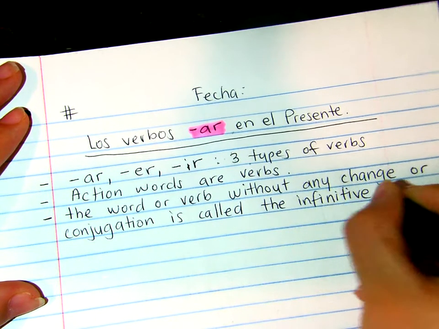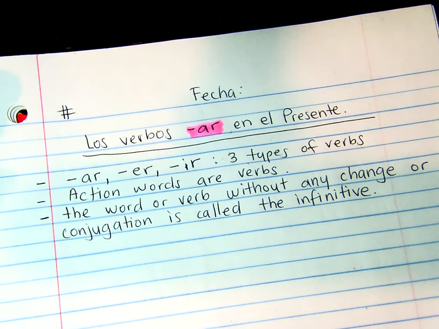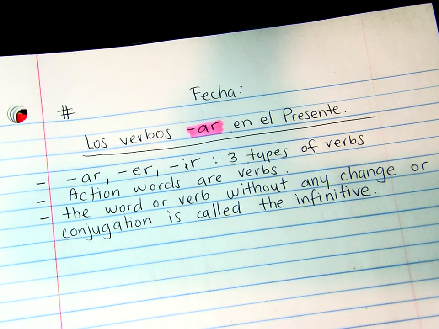This is the verb without having any conjugation, any change to it. For example, the verb tener, just tener, is called the infinitive. When you change it, yo tengo, tú tienes, then there's been a change, and that's the form of the conjugation.